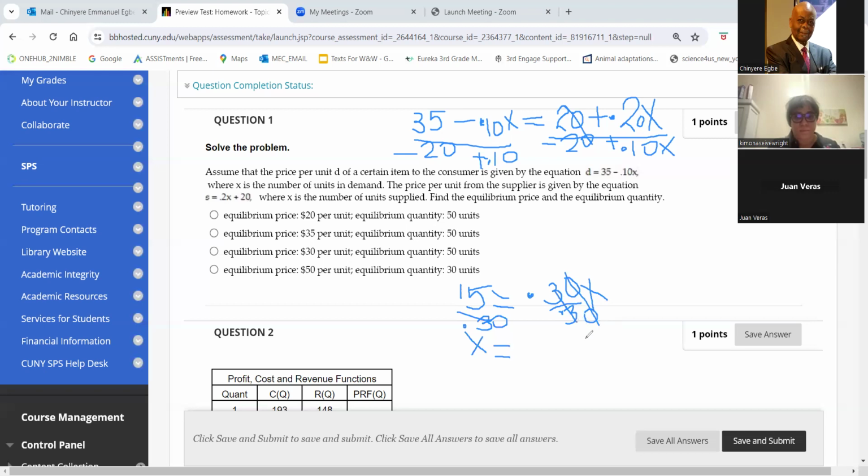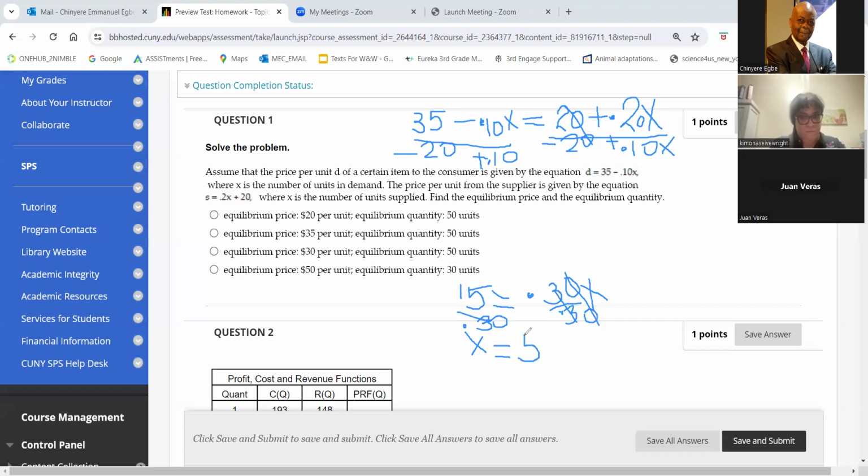When 0.30 divided by 0.30, you get 1. Am I correct? Yes. Okay, anything that divides itself is 1. So then x becomes 15 divided by 0.30. So can you use your calculator to tell me what x is? X is equal to 50. X is equal to 50.